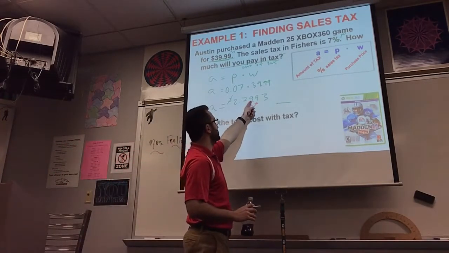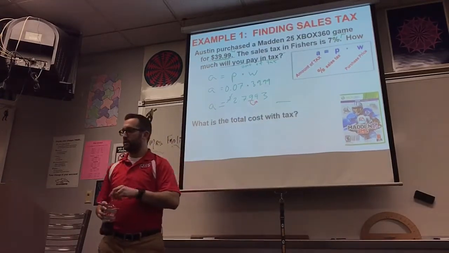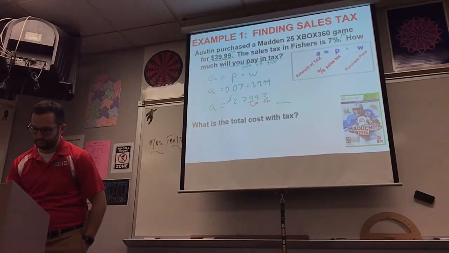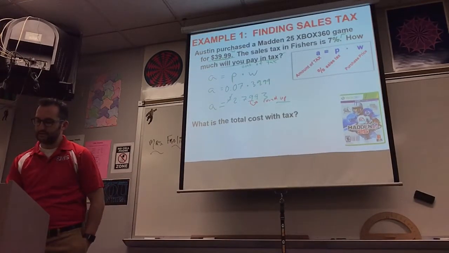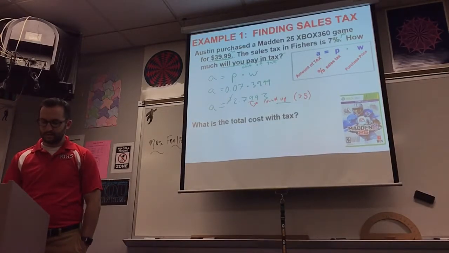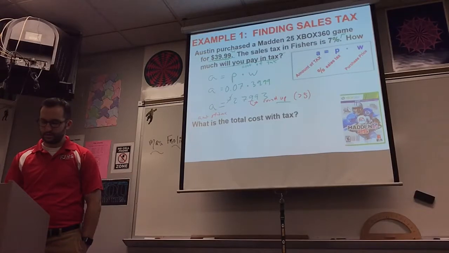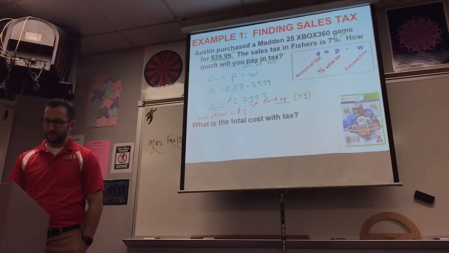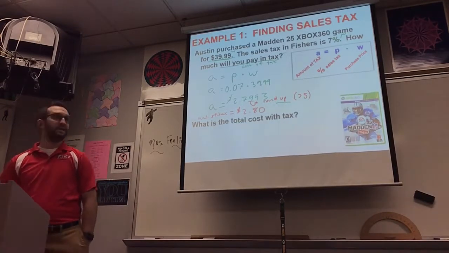I'm going to look at the hundreds and check the one next to it. Am I going to round up or down? I'm going to round up. Why? Because 9 is greater than 5. So the amount of tax is, Harsukman, one more time, $2.80. Now that's not the end of this question.